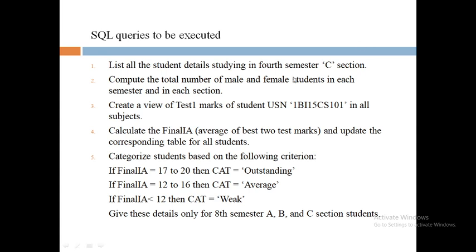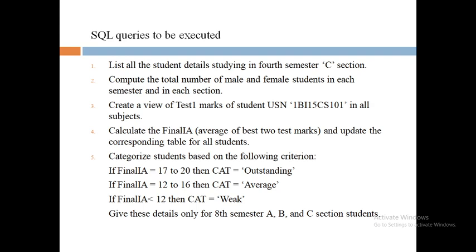But what about the 4th semester C section? That is there in the SEM section table. But there is no common attribute between student and SEM section. That means we need to join using the class table. The class relation must be used to relate, combine, or join student and SEM section.